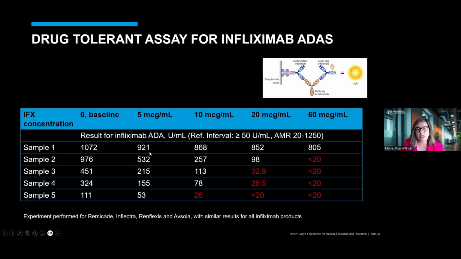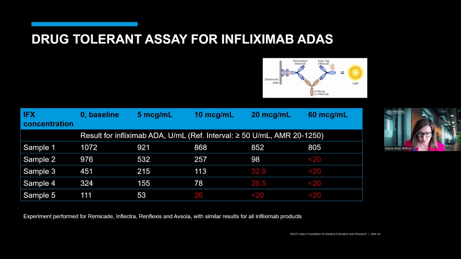you can still see a positive result for that first sample that had a very high anti-drug antibody to start with. But as the initial concentrations are lower, there is a different degree of drug tolerance, right? So if you have a low anti-drug antibody titer to start with, if the patient has a lot of drug in circulation, eventually that will be negative.